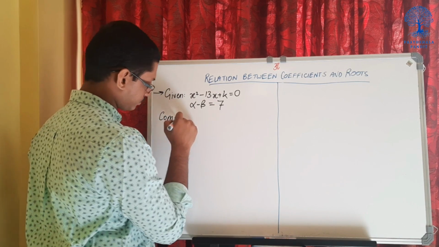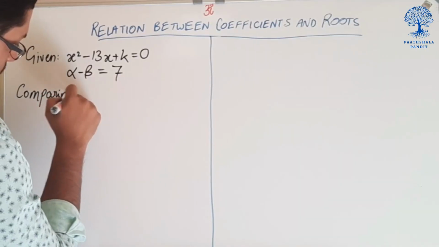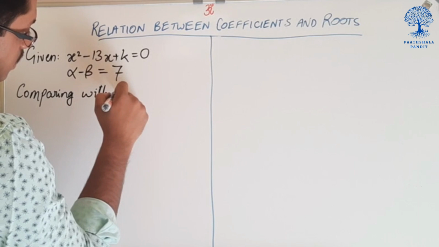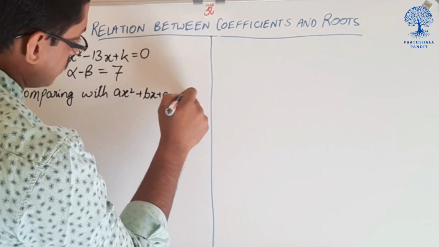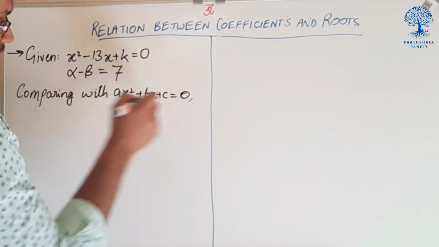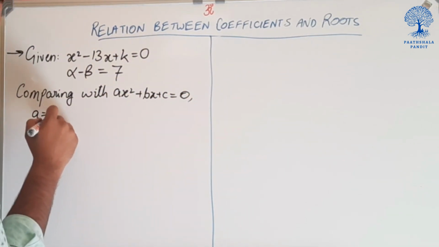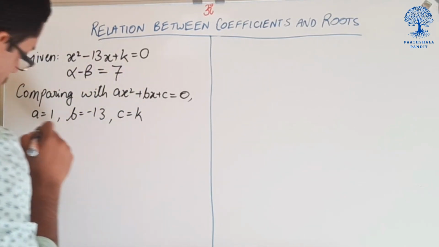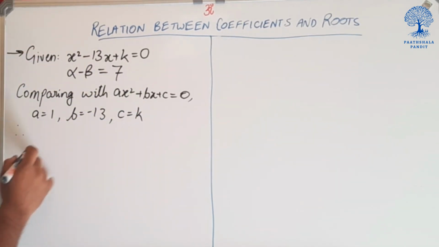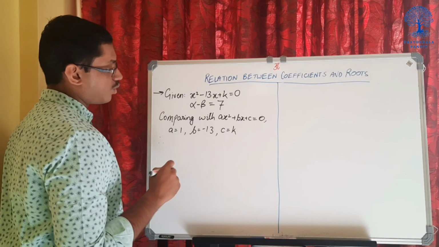Now what we will do is compare this with ax square plus bx plus c equal to 0. a equals 1, b equals minus 13, c equals k. Therefore, now see what we will have to do.